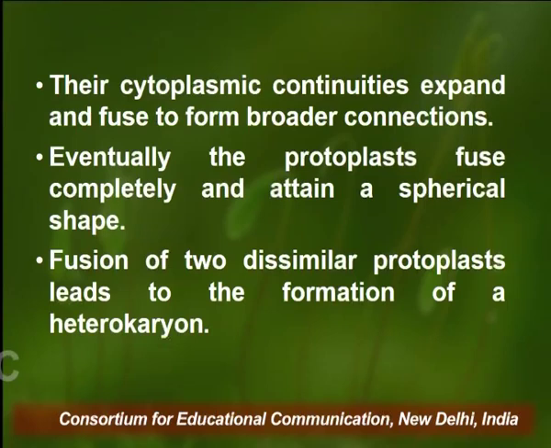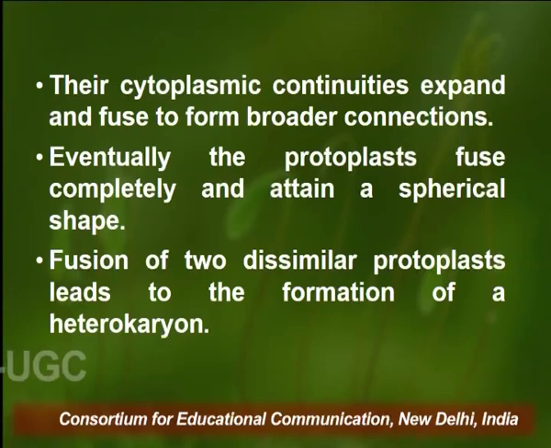Their cytoplasmic continuities expand and fuse to become broader connections. You would remember that wherever there are plasmodesmatal connections, initially when they broaden up, they form channels through which all the cytoplasm can move around. So, eventually the protoplasts fuse completely and attain a spherical shape.